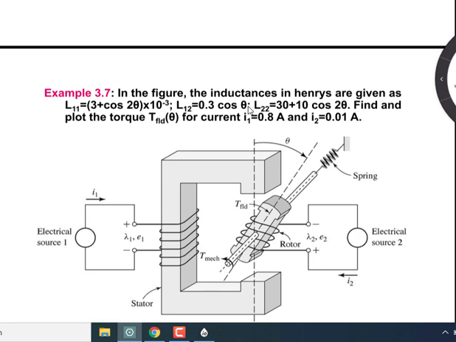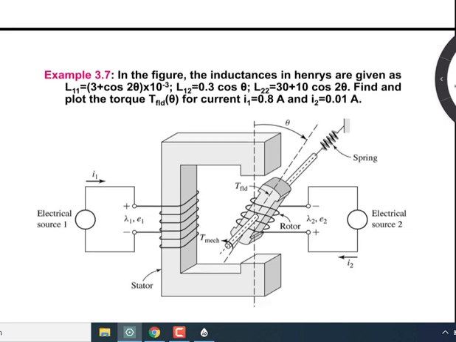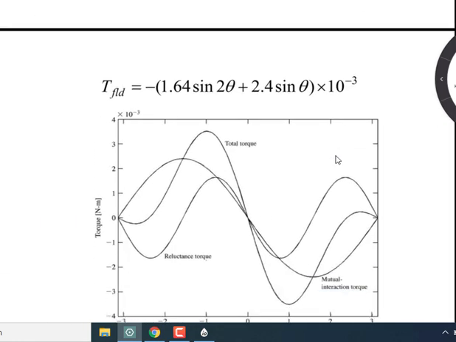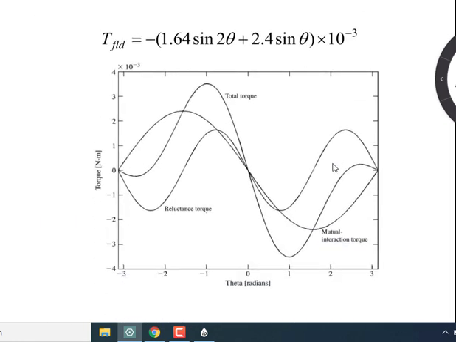So what we are interested in is to find out the plot of torque for two different currents. Now here what you will be observing is, due to the expression of your torque, this is the reason why.